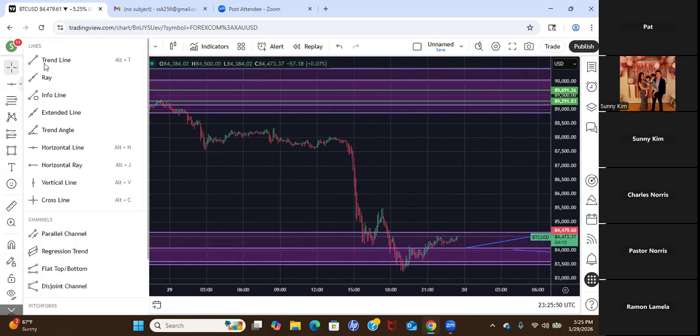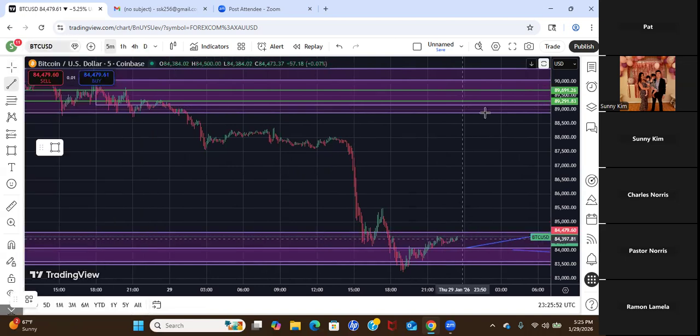And all you do is wait for price. When price comes this way and it hits this green line, you're entering that sell.